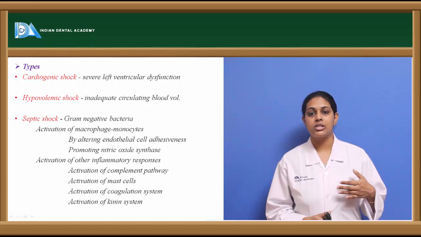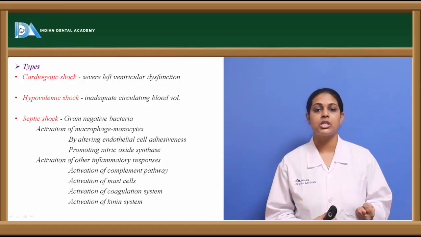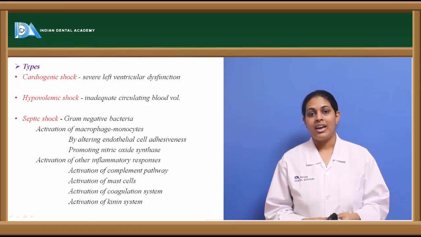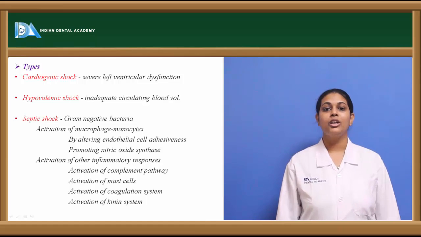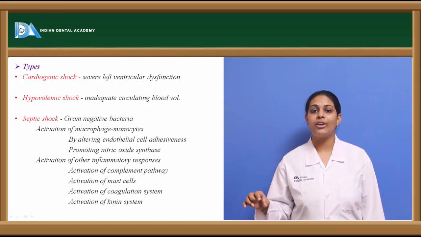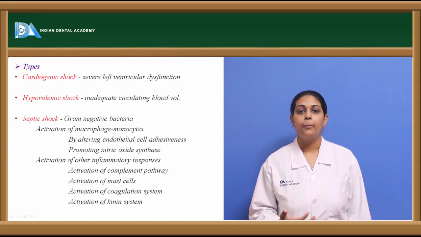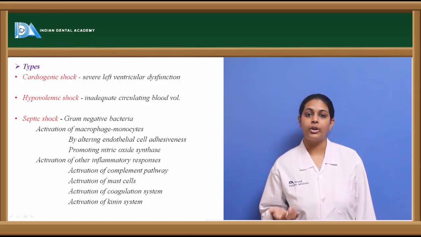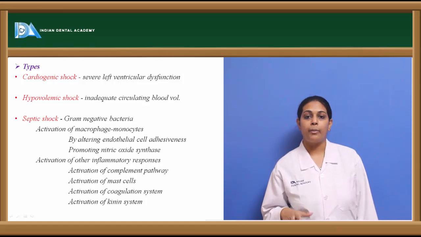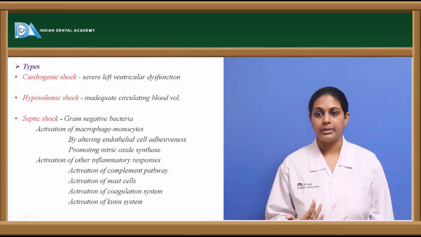Other than that, we also see that certain inflammatory responses are activated, and these in turn cause the activation of the complement pathway, where the components C5a as well as C3a both get activated, and these have an effect on the endothelial membrane, which might damage the endothelial cell membrane.